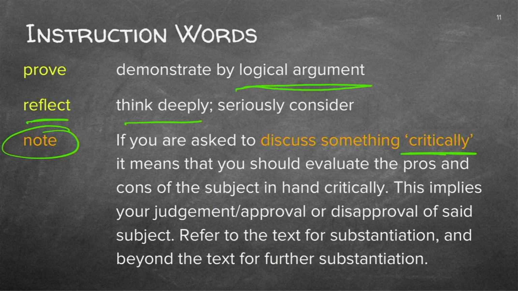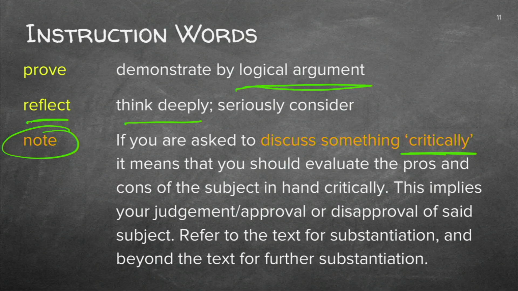Now I know exactly what this is all about. But critically means that while I'm unpacking this thing for you, I'm also being critical. I'm judging. I'm saying that it's bad, or it's good, or it's preferable, or something. There's always a judgment going along with it.